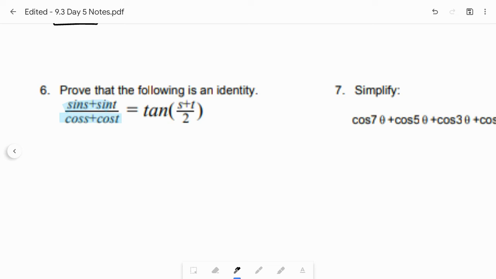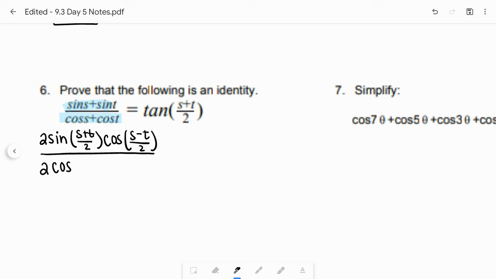So if I work with the numerator, I have 2 sine of (s plus t) divided by 2 times cosine of (s minus t) divided by 2. And that's going to be divided by 2 cosine of (s plus t) divided by 2, and then cosine of (s minus t) divided by 2.